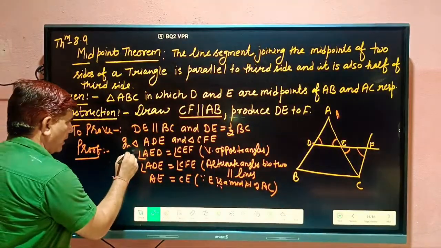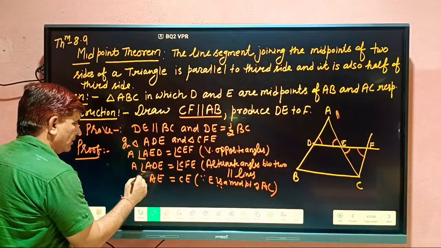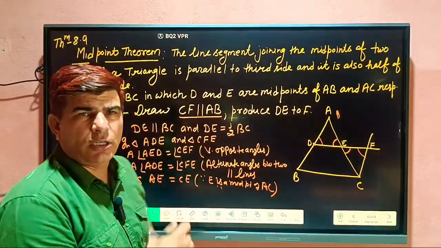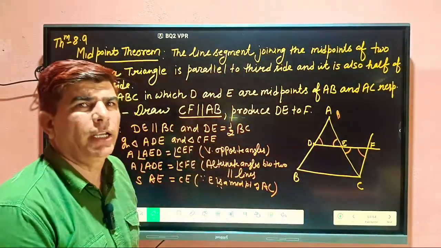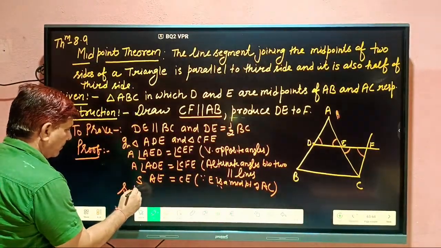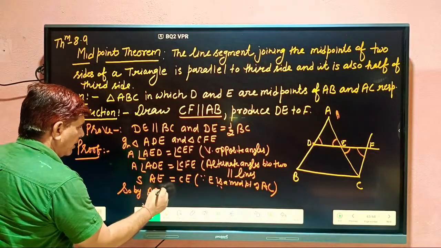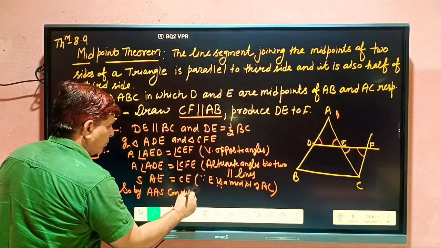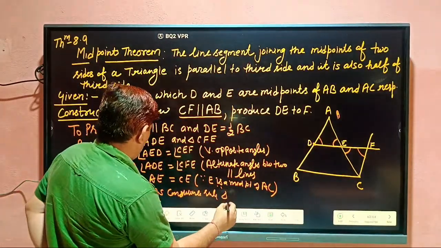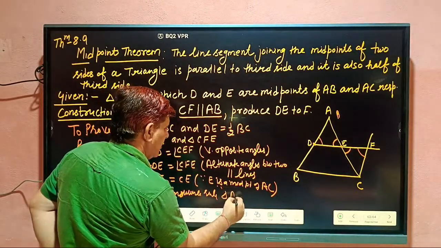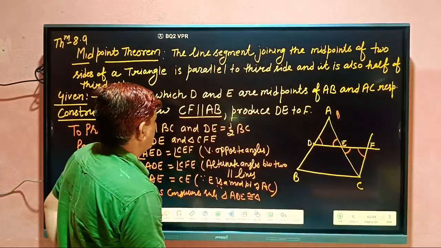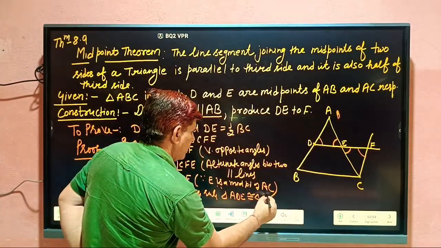So by angle side, if two angles of a triangle are equal to two angles of another triangle, then the third angle also becomes automatically equal. So by AAS congruence rule, triangle ADE is congruent to triangle CFE.